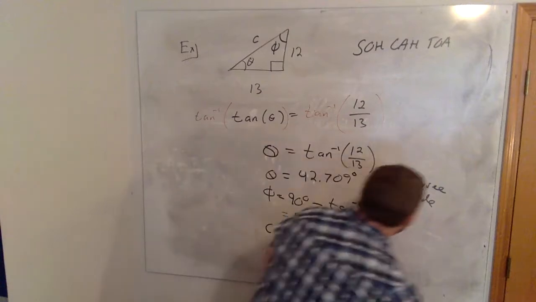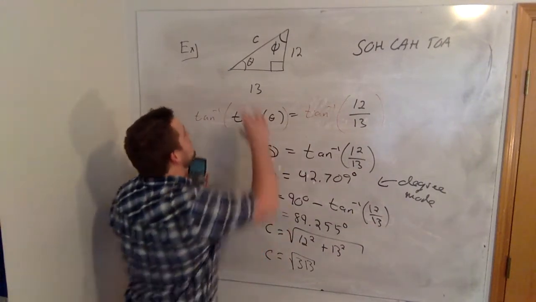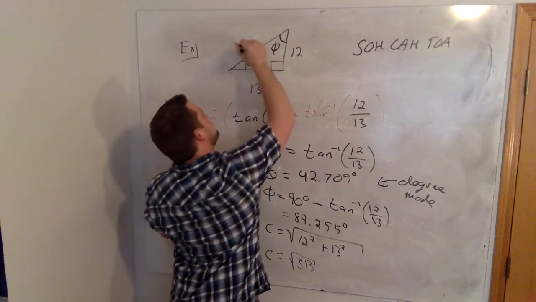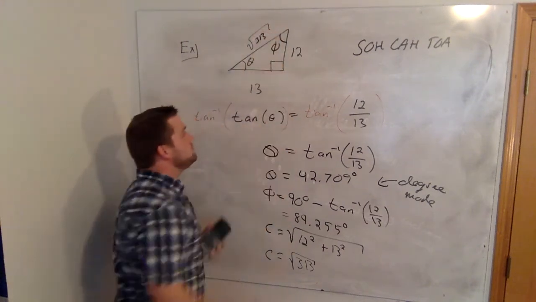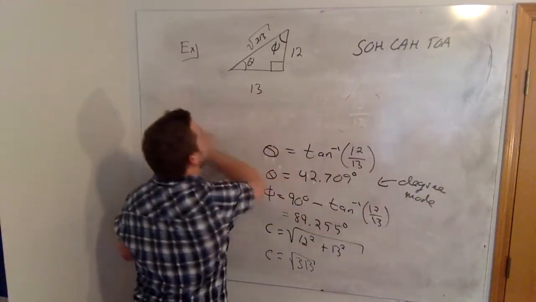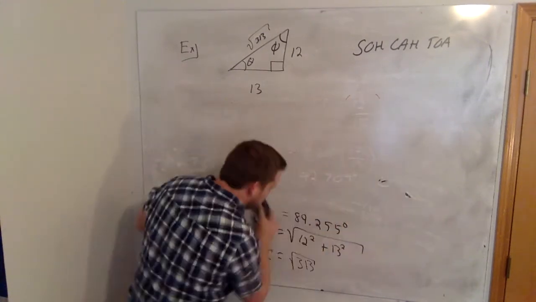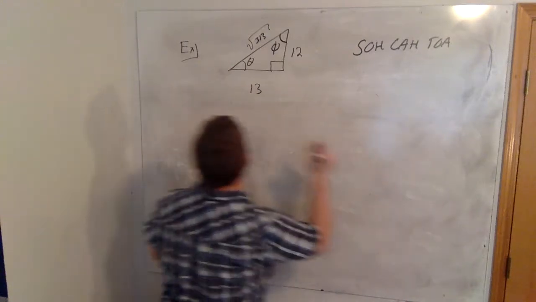Notice here, just for fun, that we figured out this length was the square root of 313. We could have used a different inverse trig function if we wanted to. Since I know all the sides, I don't necessarily have to use tangent anymore. Let's say we use sine.